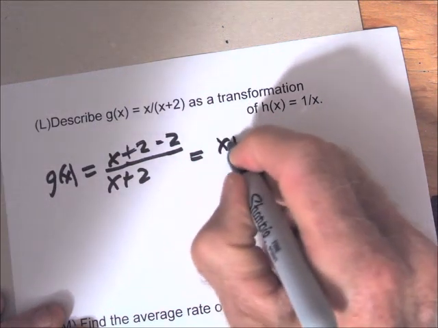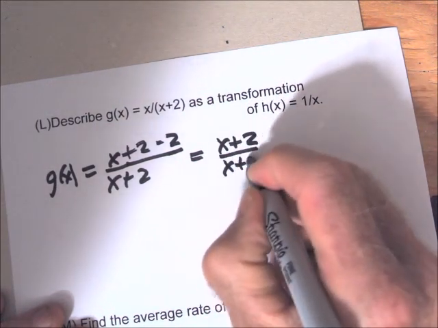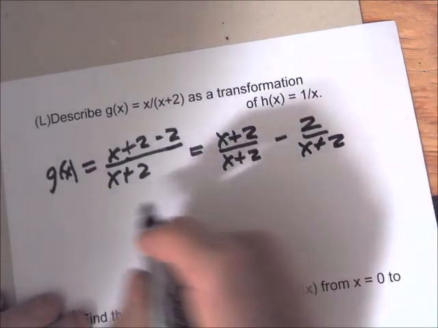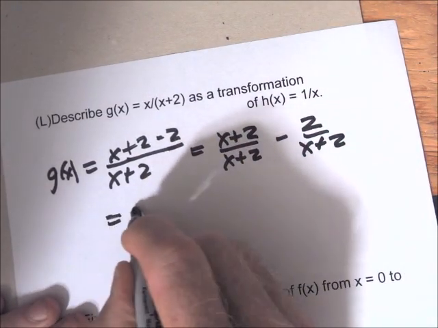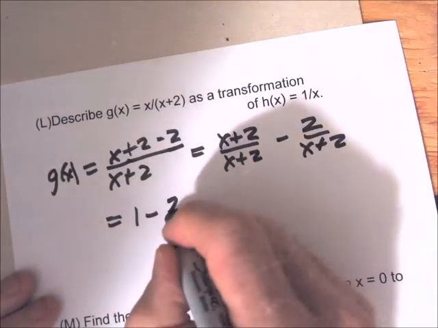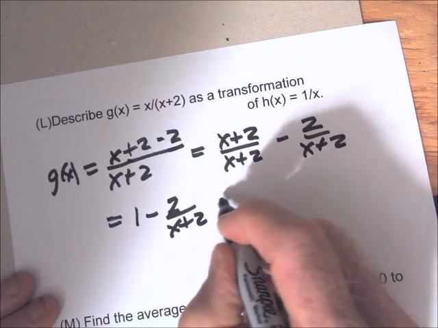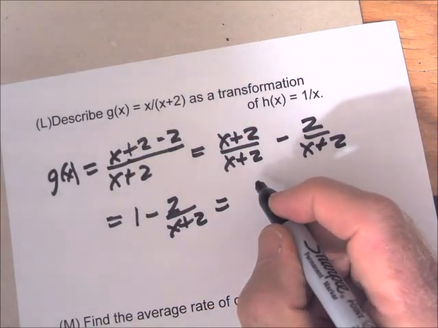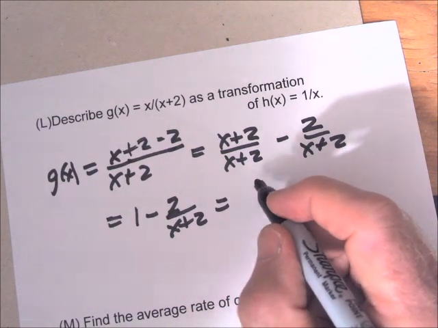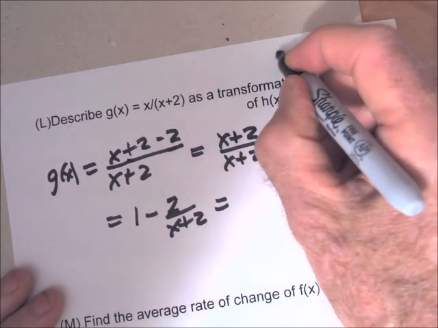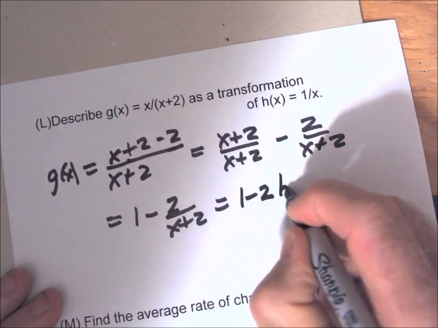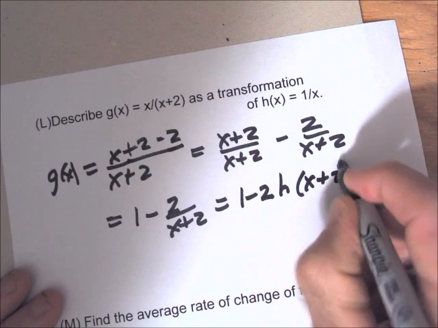So this is going to be x plus 2 over x plus 2 minus 2 over x plus 2. So that's going to be 1 minus 2 over x plus 2. And h of x is 1 over x, so this is going to be 1 minus 2 h of x plus 2.